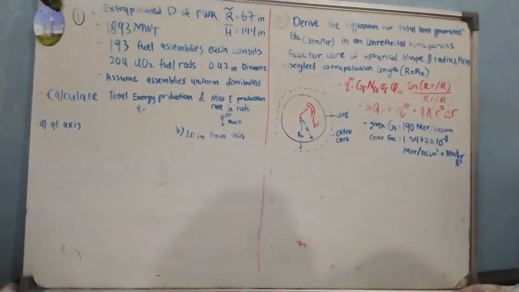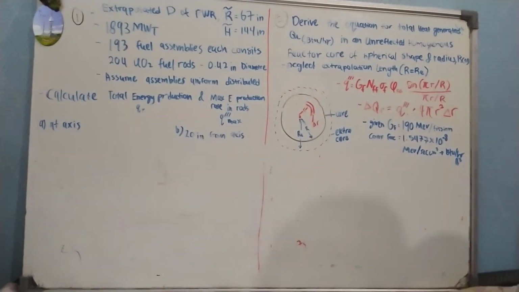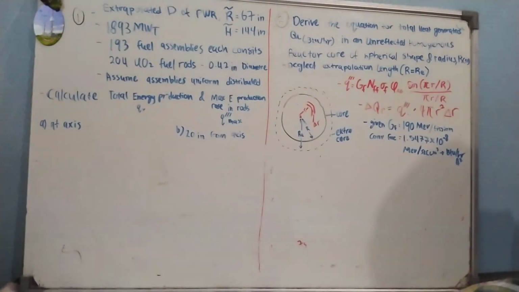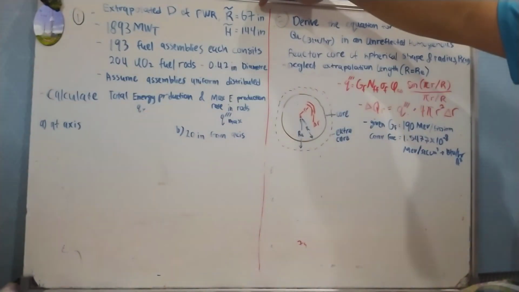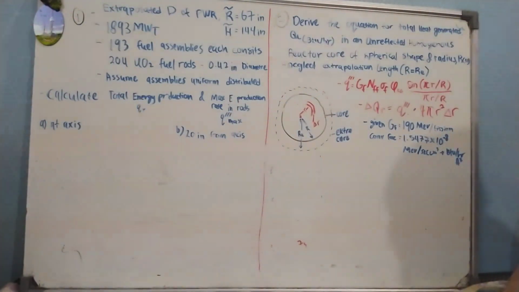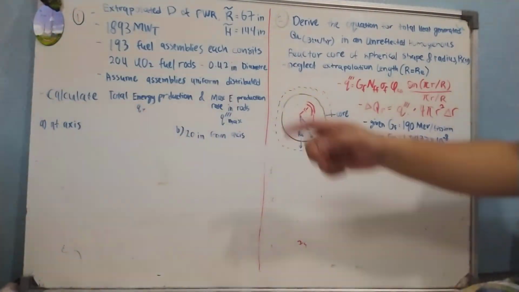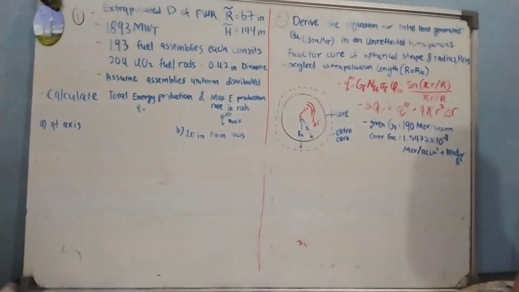So we have two examples here. The first example is: given an extrapolated dimension of a PWR, the extrapolated radius is 67 inch and the extrapolated height is 144 inch.